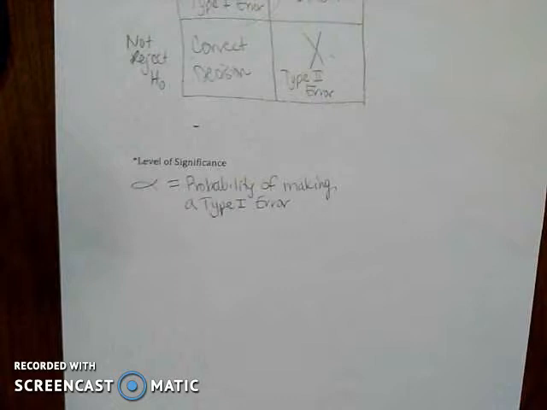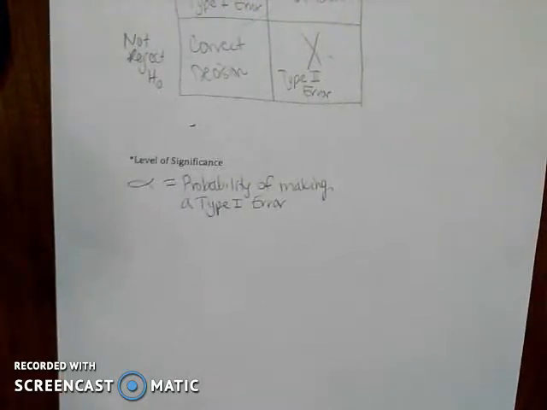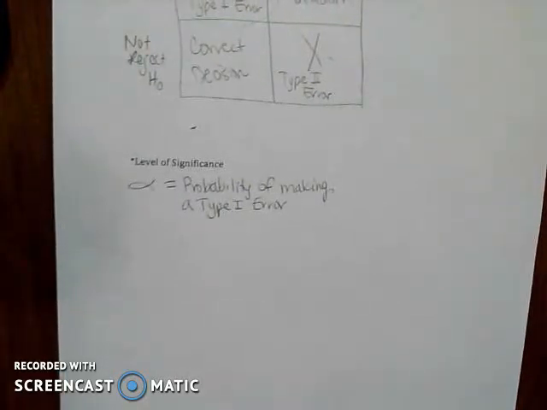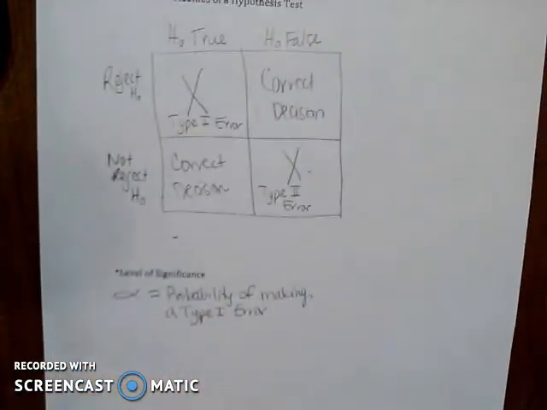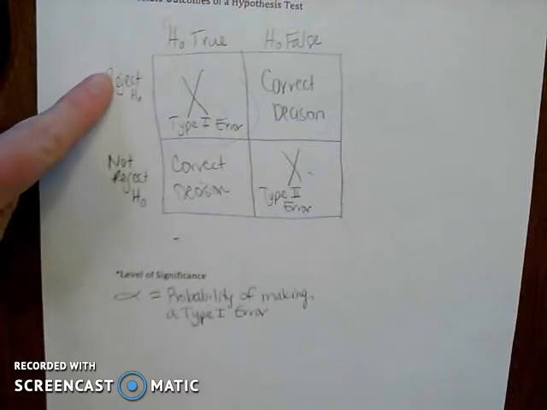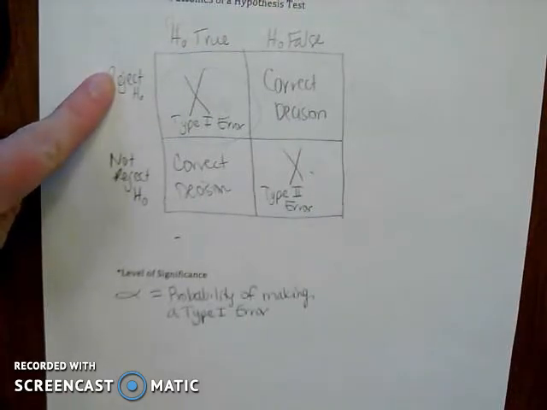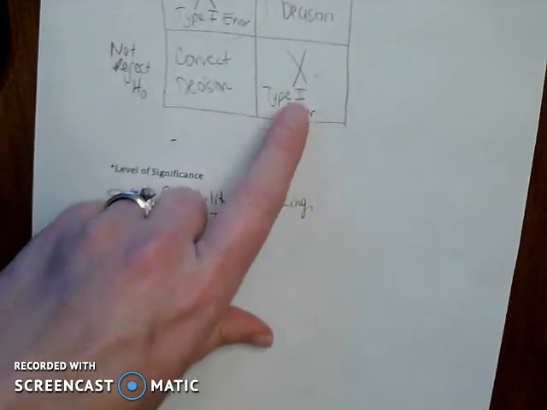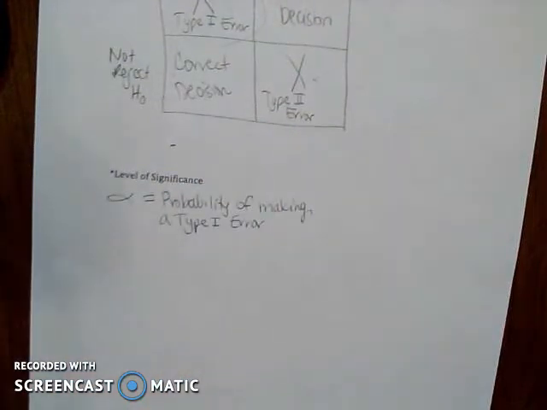You'll see this is very similar. 95% confidence interval, it's going to say alpha equals 0.05 or a 0.05 level of significance. So it's going to be given to you ahead of time. And then we'll use that in our chart to figure out what it is, okay? But what it is, it's your probability of making a type 1 error, where the null hypothesis is true, but our numbers tell us to reject it anyway. We can still do this, okay? But we don't have a mathematical way to calculate that.